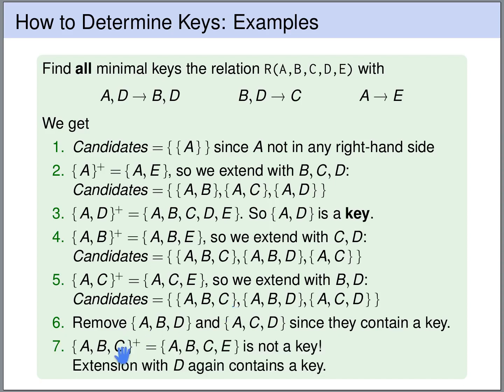So we compute the cover of ABC. This gives us ABCE. So ABC is not a key. We have to extend it with the attribute D, but the extension with attribute D again gives us a set ABCD that contains a key that we've already found. So we don't need to consider this extension. So the only minimal key of this relation is AD.